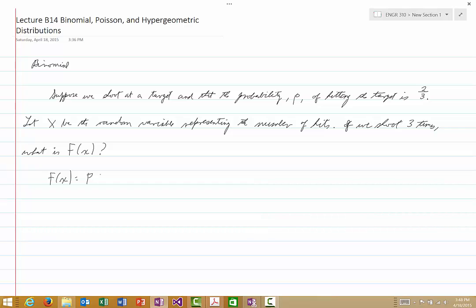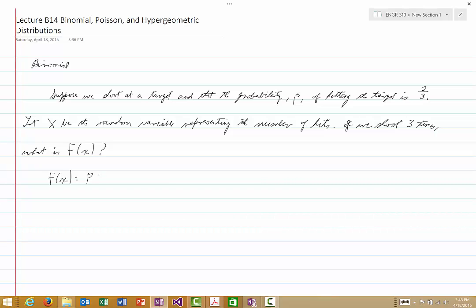is for a discrete random variable, and capital X here is indeed a discrete random variable, because if we shoot 3 times and x represents the number of hits, then x can only have 4 discrete values: 0, 1, 2, and 3.